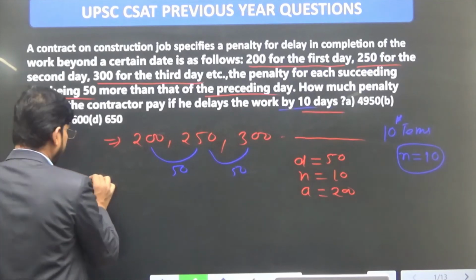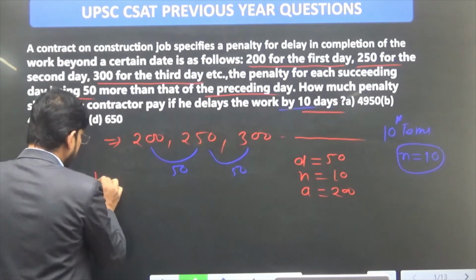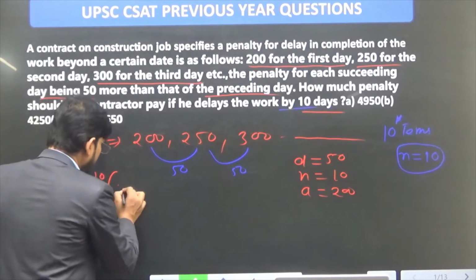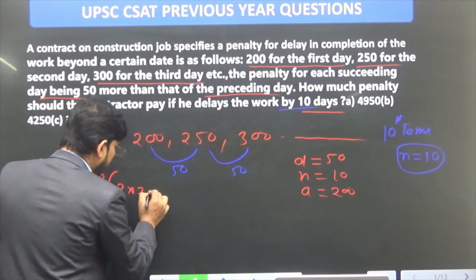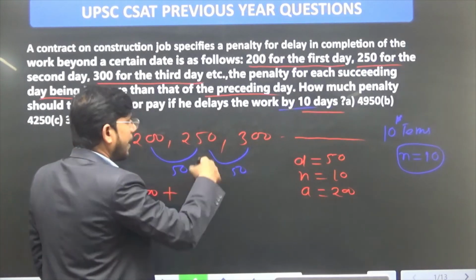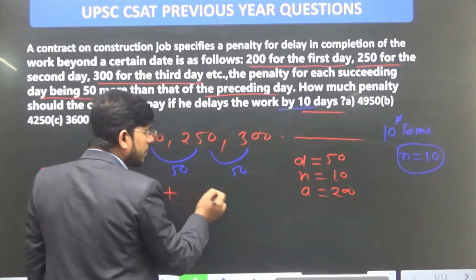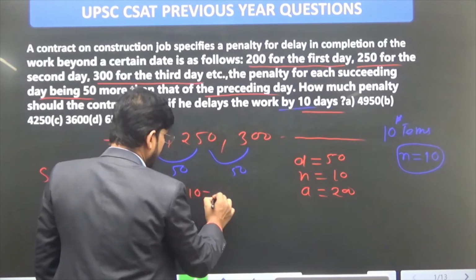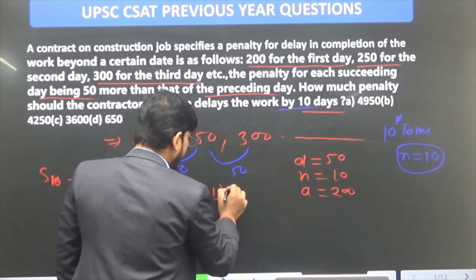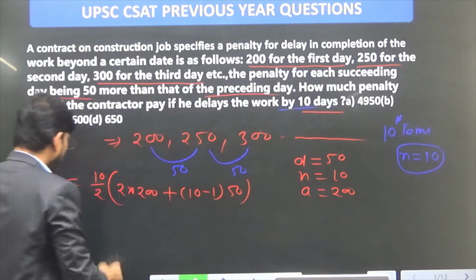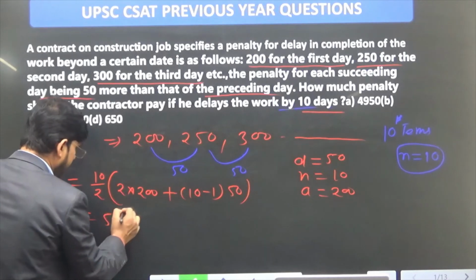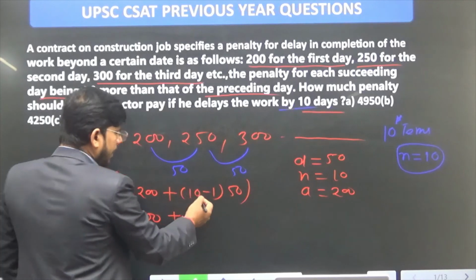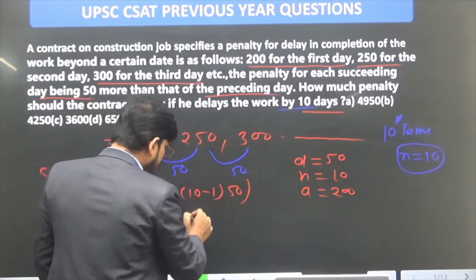N by 2, so 10 by 2. And 2a means 2 into 200, plus n minus 1 into d. N minus 1 means 10 minus 1, into d, d means 50. Okay, so here we will get 5 into 400 plus 10 minus 1, 9 into 50, 450.